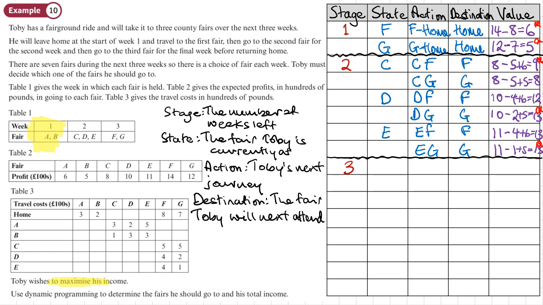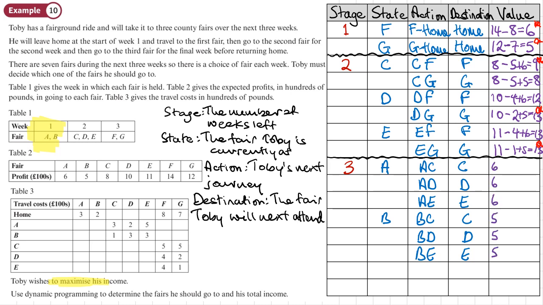And during that week, he could be at fare A, and then from A he can move to C, he can move to D, or he can move to E, or he could be at fare B, and then he could move from B to C, B to D, or B to E.